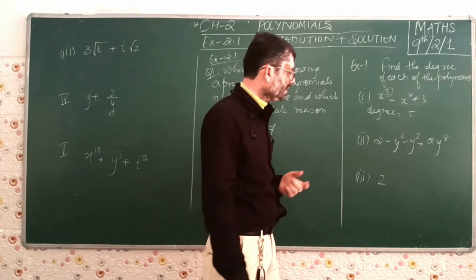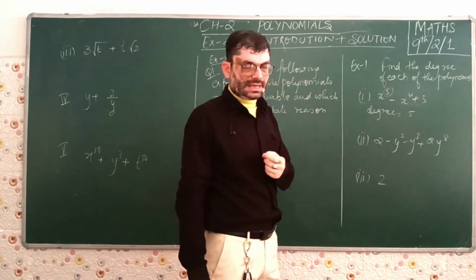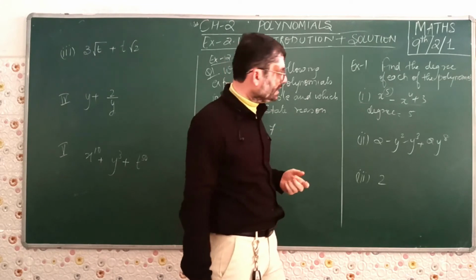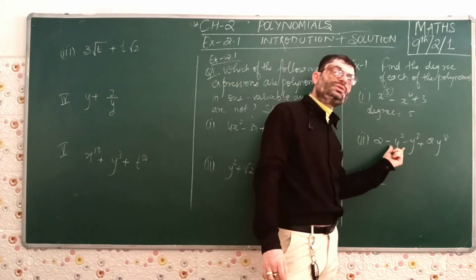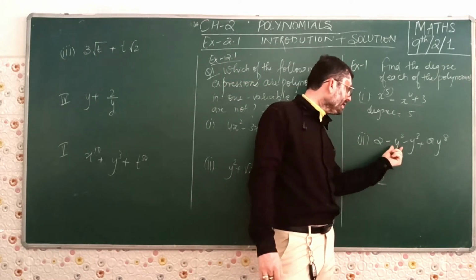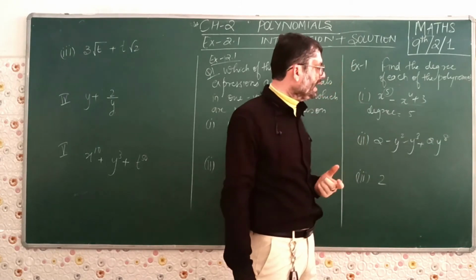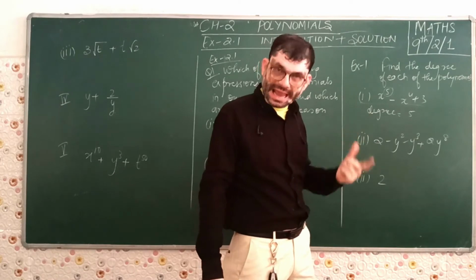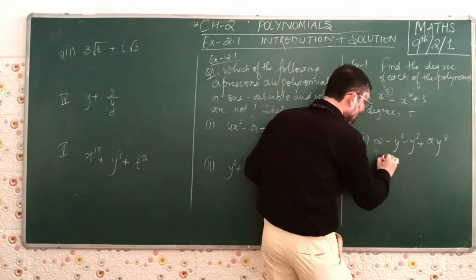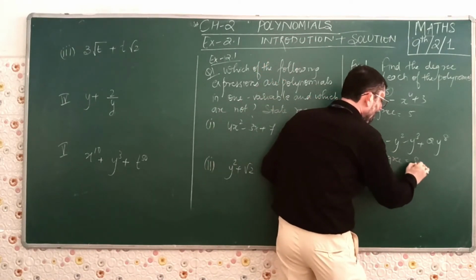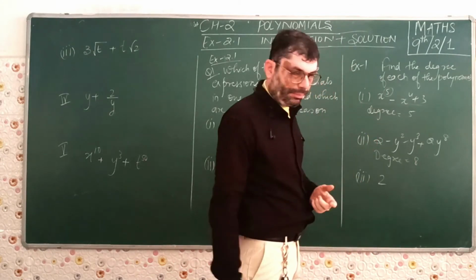Moving on to the next, in the same way we will check the highest degree of the variable that is used. Here the variable used is y. This is y square, y cube, and 2y to the power 8. So the highest power of y is 8. So we can say the degree is 8 for this polynomial.